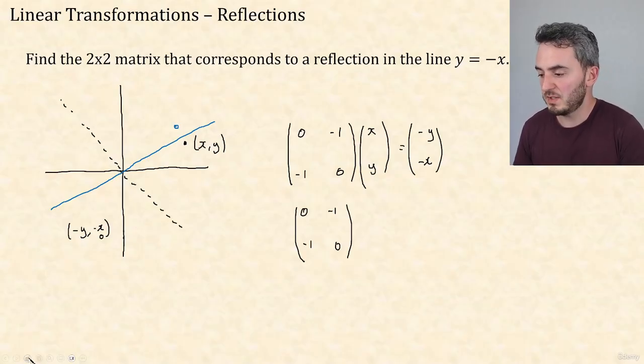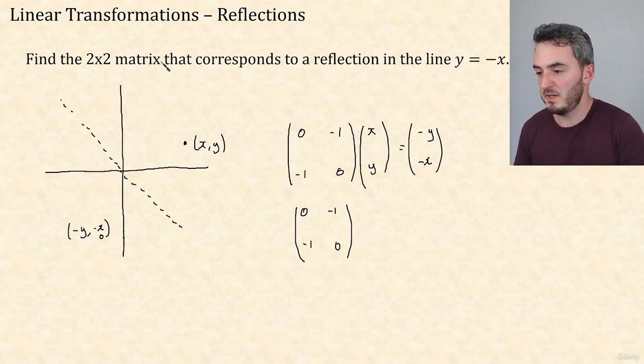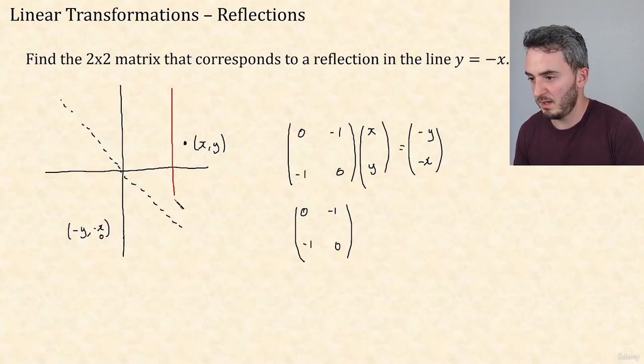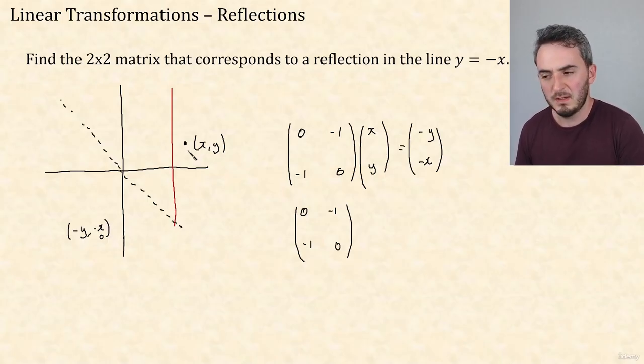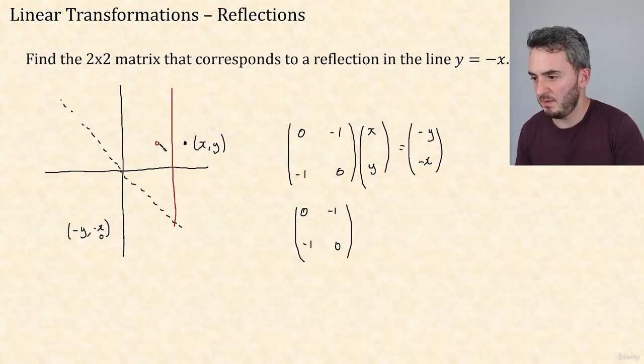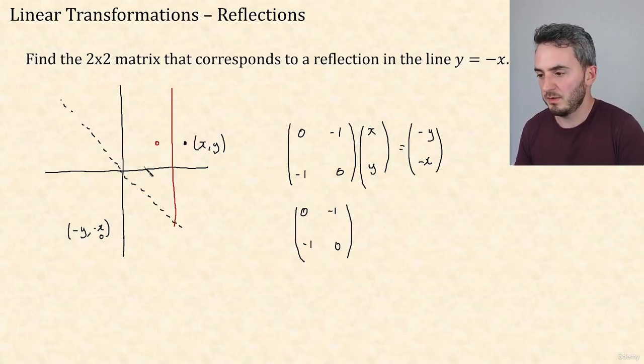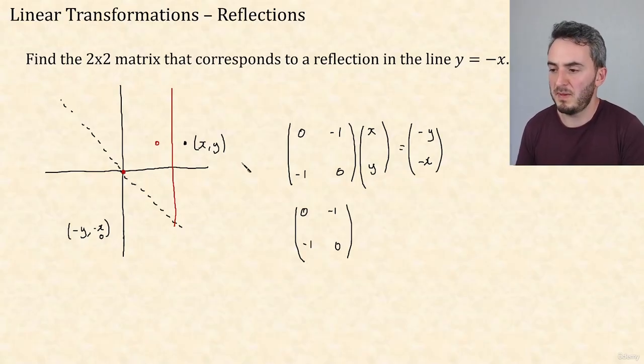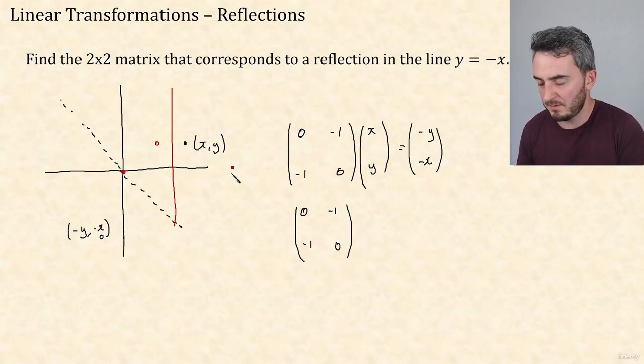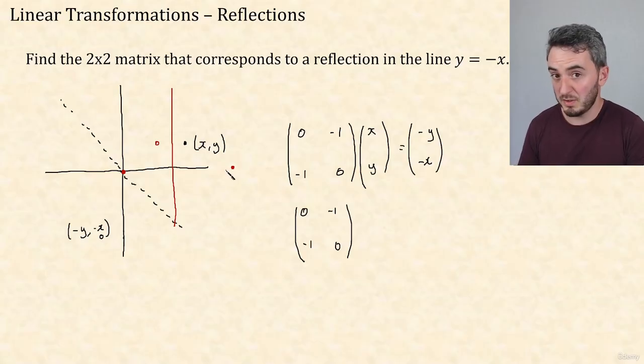But there are some lines that we cannot reflect around with a matrix. For instance, you couldn't reflect around this line here. Now, why not? It seems innocuous enough. You reflect this point here and you get this. That's fine. But what happens to the origin when you reflect it in this line? The origin reflected in this red line bounces over here. Why is that impossible?